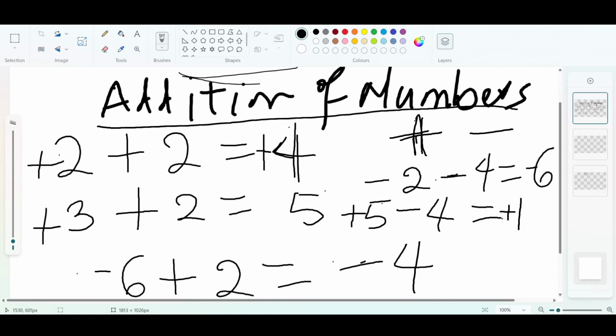So another way to look at this is to compare it to buying and selling. That is, when you borrow money from someone, like in the case of this one, we can consider the negative to be the money you borrowed, and then the positive to be the money you have with you.